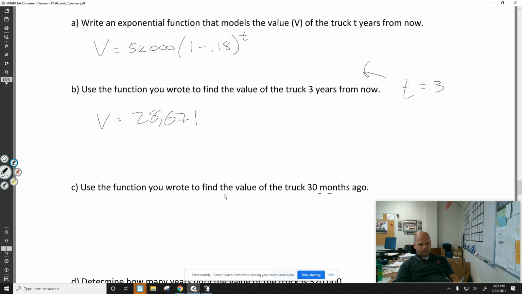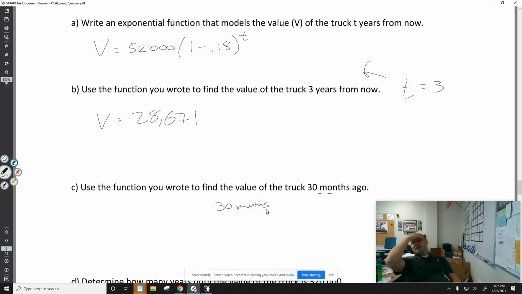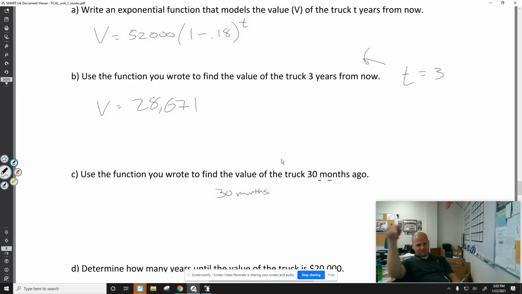30 months ago, got to turn into years. 30 months in the past means we're talking about a negative time. T equals 0 is like now, so in the past, t is going to be negative. 1 year is 12 months. 30 divided by 12 is 2.5 years.